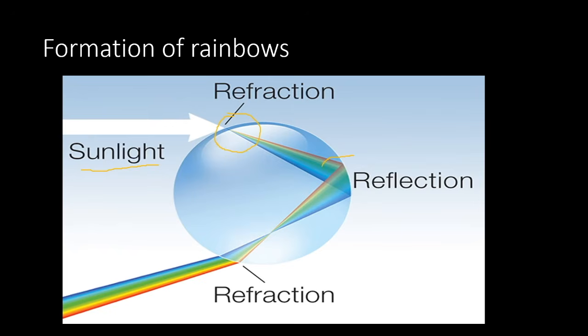Then towards the back of the raindrop, it will be reflected and refracted as it exits the raindrop. That is how we are able to see rainbows. This refraction here shows us that there was a change in direction, which will then cause a rainbow.